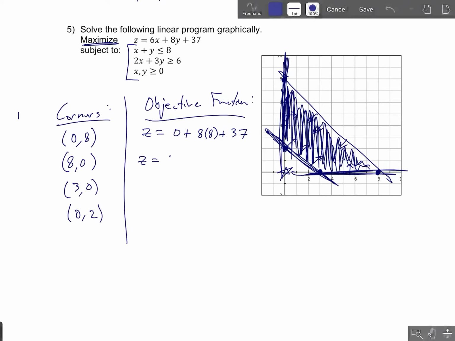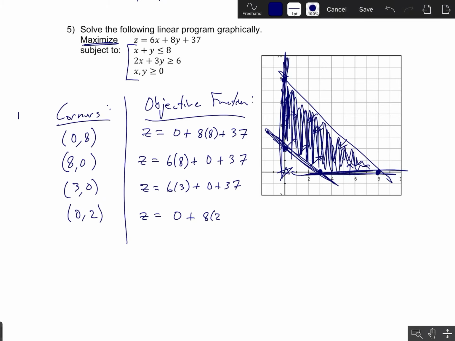If you plug in an 8 for x and a 0 for y, then this would be 6 times 8 plus 0 plus 37. So for all of these, I'm just plugging into the objective function definition up here at the top. Similarly, if I plug in a 3, 0, this would be 6 times 3 plus 0 plus 37. And for the last one, I would get 0 plus 8 times 2 plus 37.